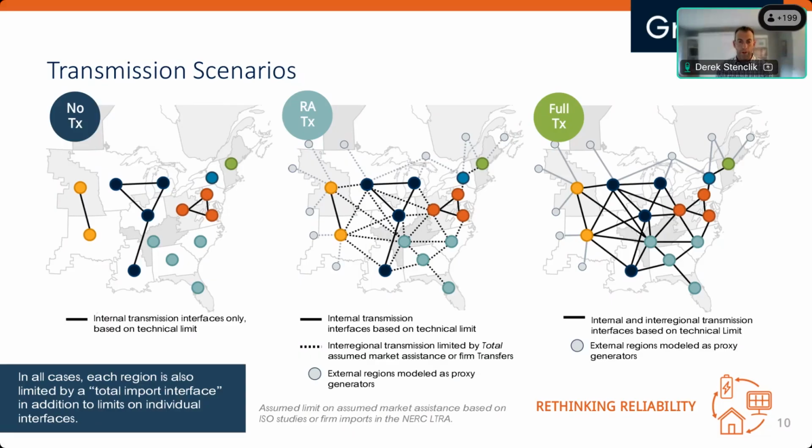All the way over to the right, that's the scenario where we're allowing all the transfers up to their technical capability. And again, each line has a transfer capability in both directions that is different. And then we have a total import capability going into each of the regions. So what we're trying to do here is show, again, not adding transmission, just showing the amount of transfers we are allowing in the resource adequacy model in order to assess risk and assess interdependency of the system.